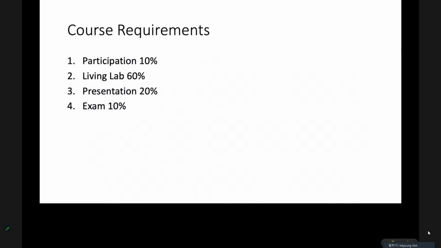The course requirement was like this. As you see, the Living Lab project accounted for 60% of the total final grade. So for students, the Living Lab project was a very, very heavy lift.